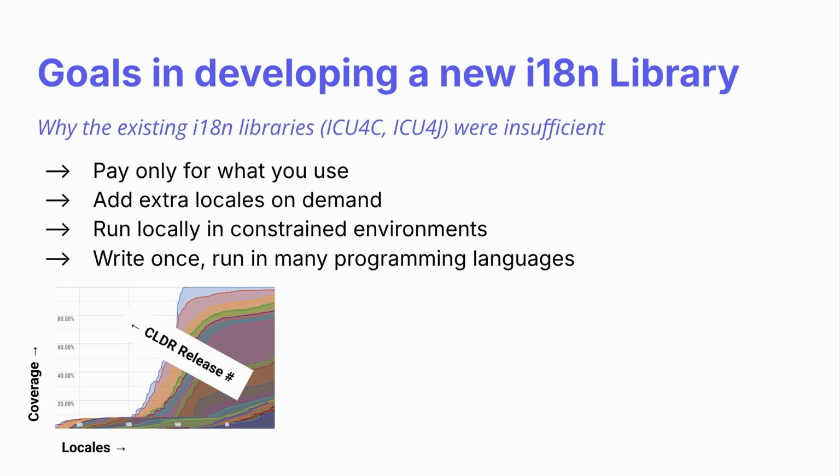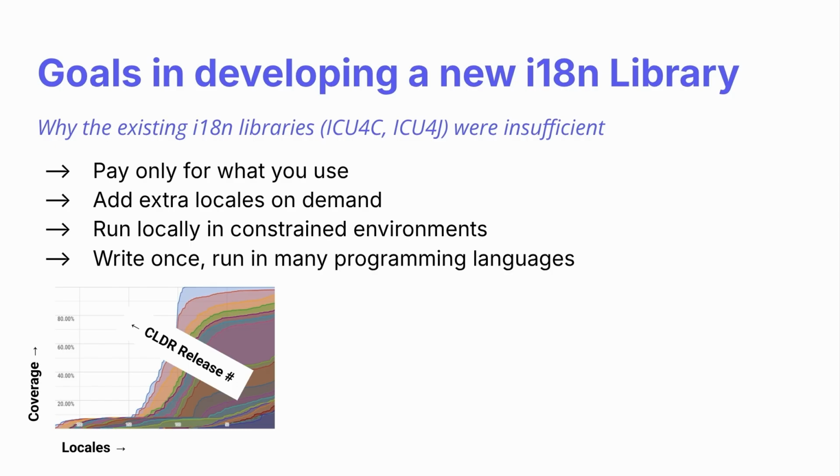One is paying for what you use. This is one of my favorite graphs. This is a three-dimensional chart. On the x-axis, we have locales. Every column is a new locale that CLDR supports. On the y-axis is coverage, so features. Every row is some feature that CLDR covers, and the z-axis is the CLDR release number.